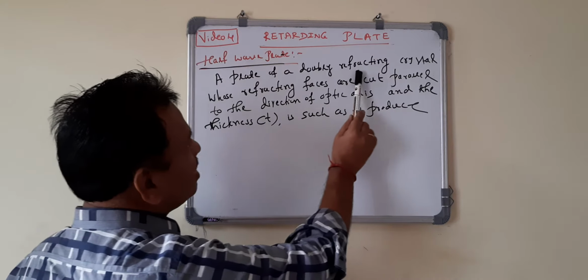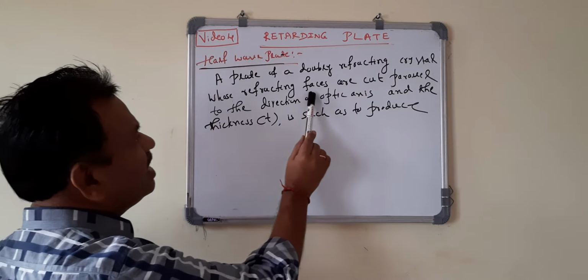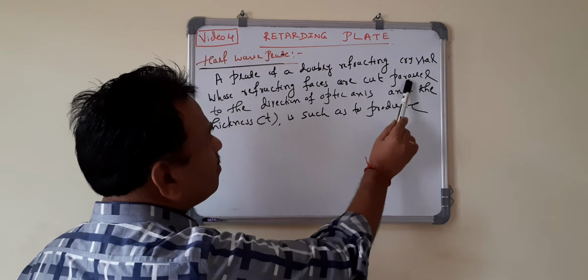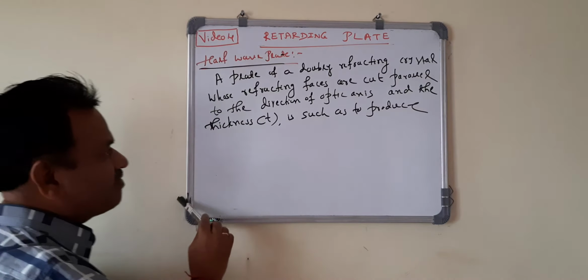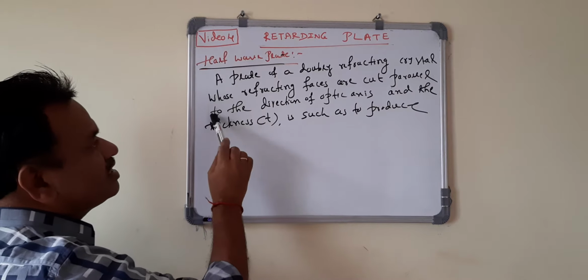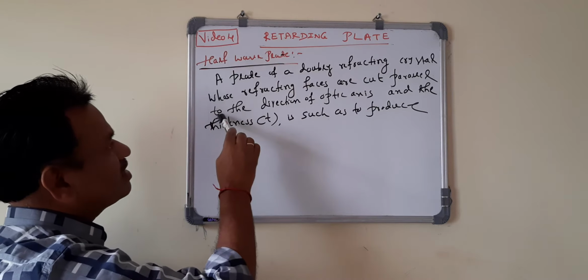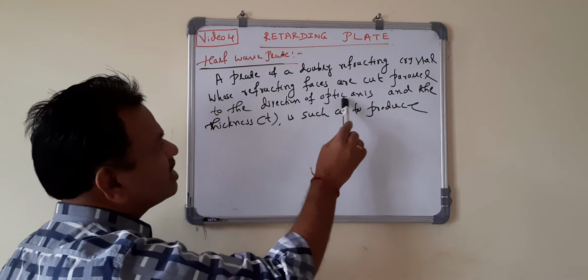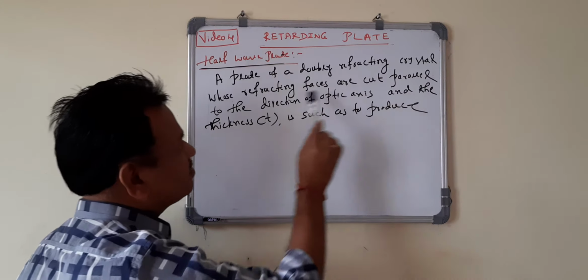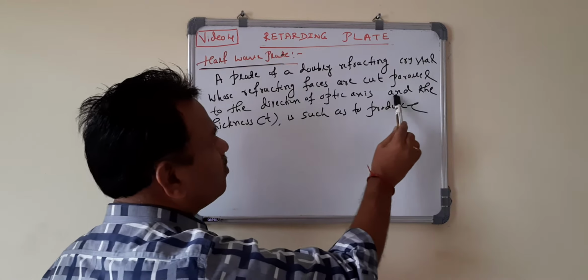A plate of a doubly refracting crystal whose refracting faces are cut parallel. This is one refracting face and this is another refracting face. How is it cut here? This is one optic axis. It is cut parallel to the direction of the optic axis.